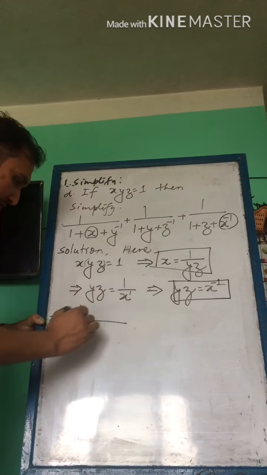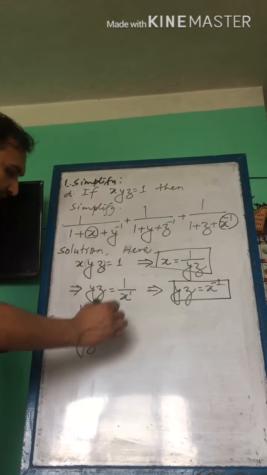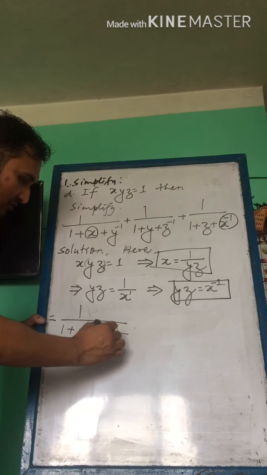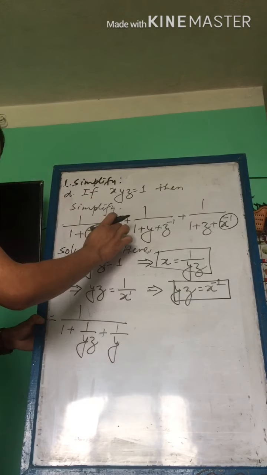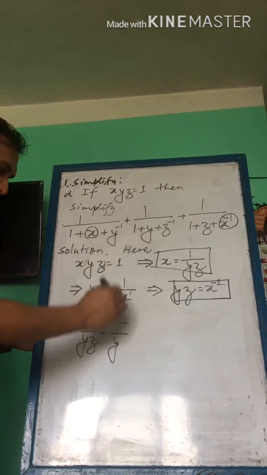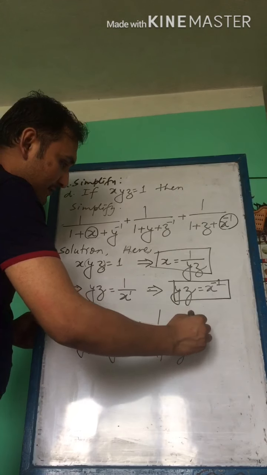Replace this, as I told you, 1 upon yz, plus y inverse. Write this also in fraction form by the negative law of indices. It can be written as 1 upon y to the power 1, means y only, plus 1 upon 1 plus y, plus 1 upon z by the negative law of indices, plus.